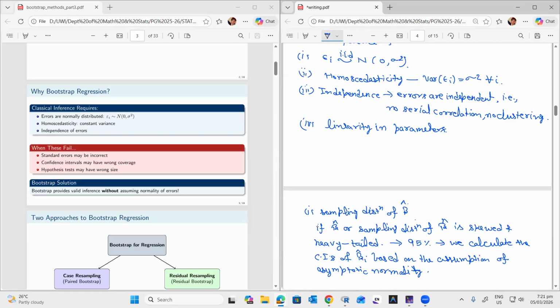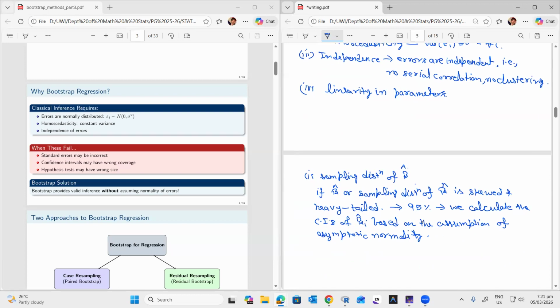If we use this assumption even though it is skewed or heavy tailed, what will happen? This confidence interval will be either undercover or overcover, because it is skewed and heavy tailed, right?